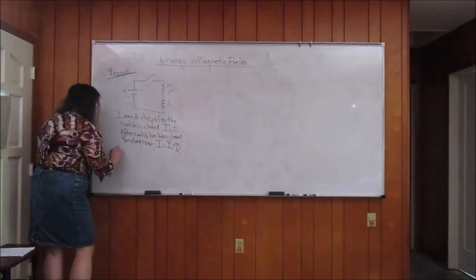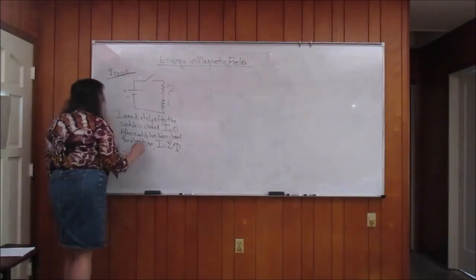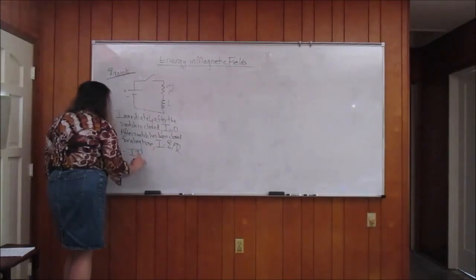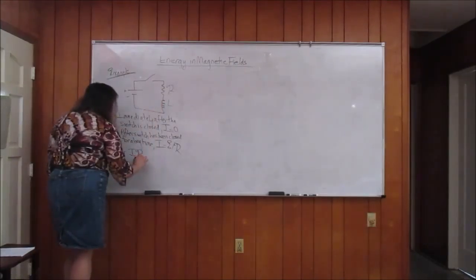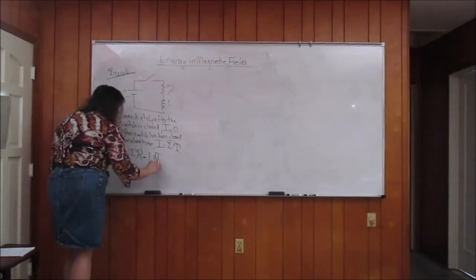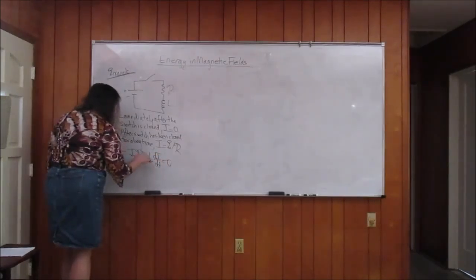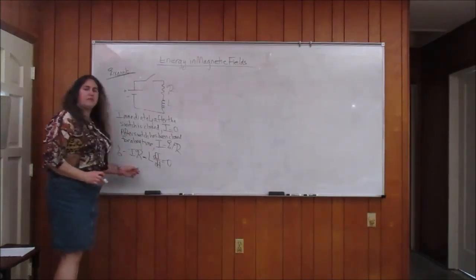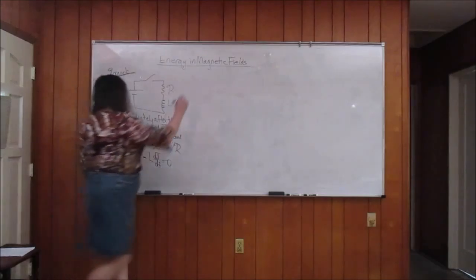So we have the EMF minus the contribution from the resistor, so that's current times resistance, and then we've got the contribution from the inductor, which is L dI by dt. I'm going to solve this expression for the current.